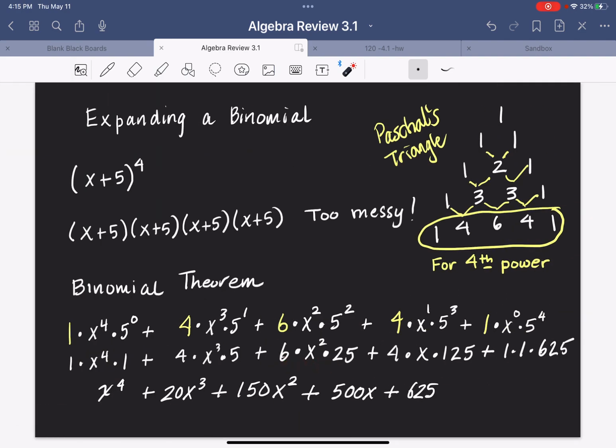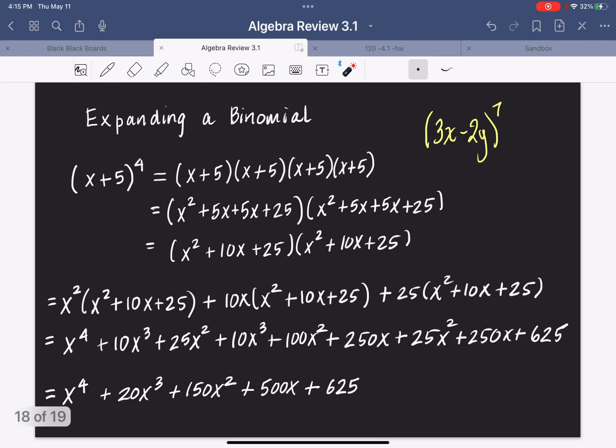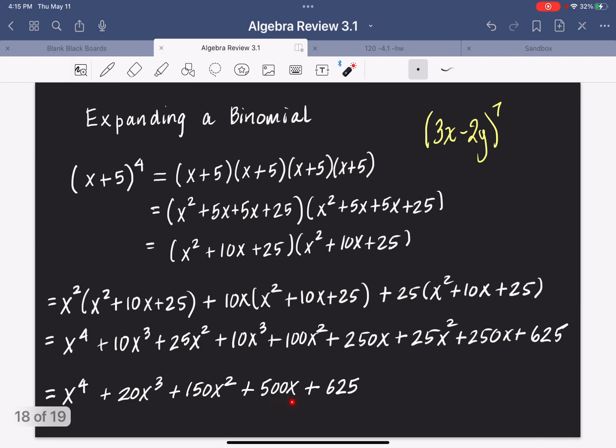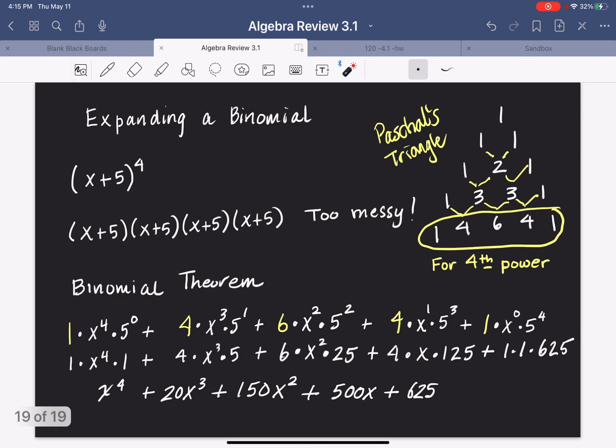The third one, 6 times 25 is 150x squared, like we got here, 150x squared. 4 times 125 is 500 times x, just like we got here. And at the end, I have 1 times 625, which is what we got using the other method.